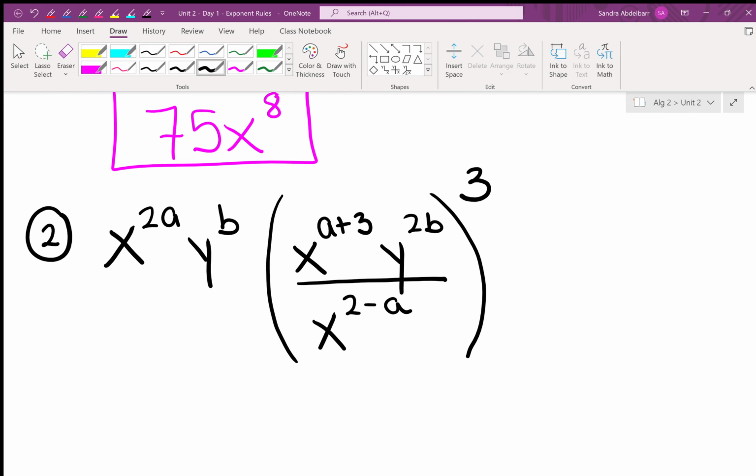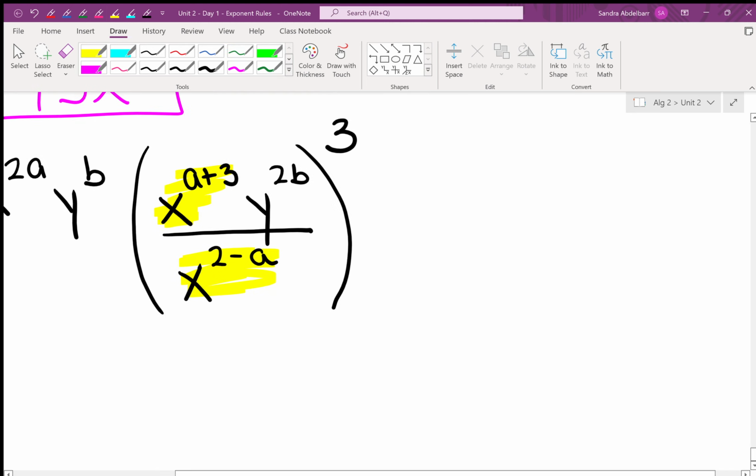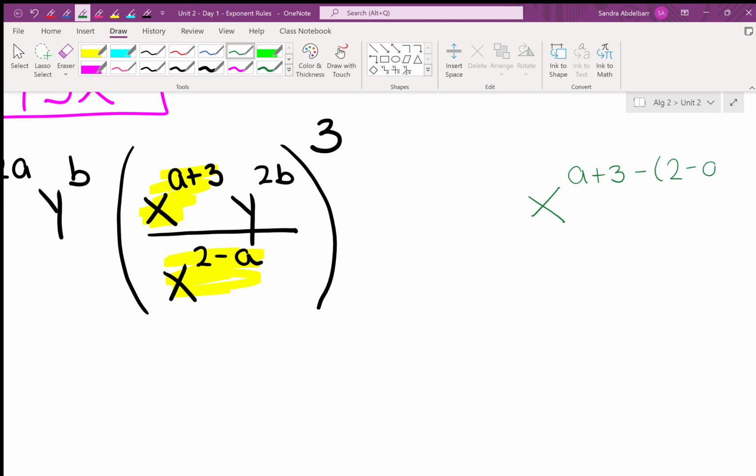Sure, let's simplify. So when we simplify, the only thing we can actually divide here are these two. Do we agree? So the rule says, keep your base and subtract your exponent. So it's a plus 3 minus the quantity of 2 minus a.